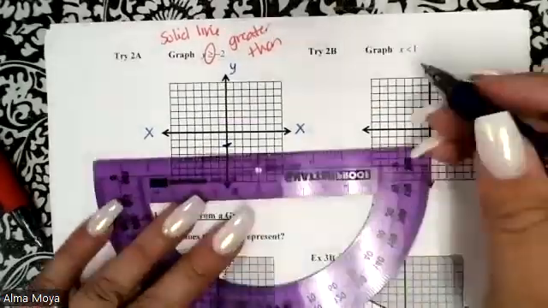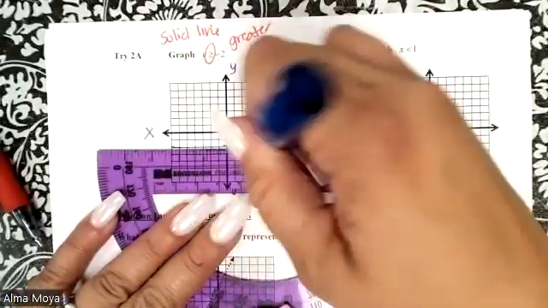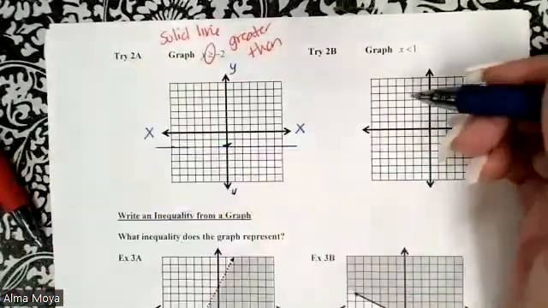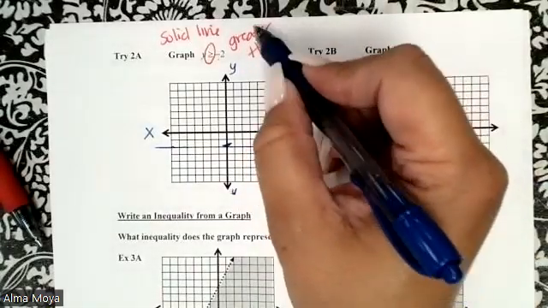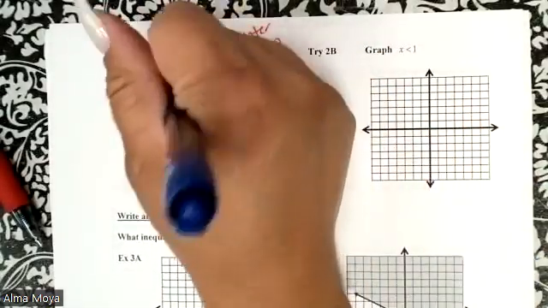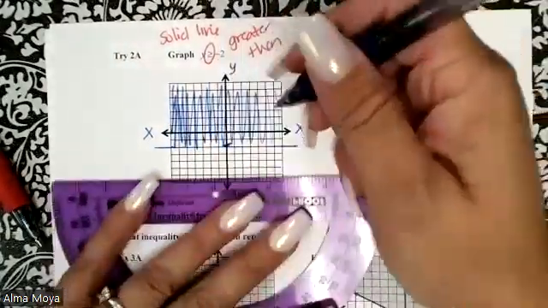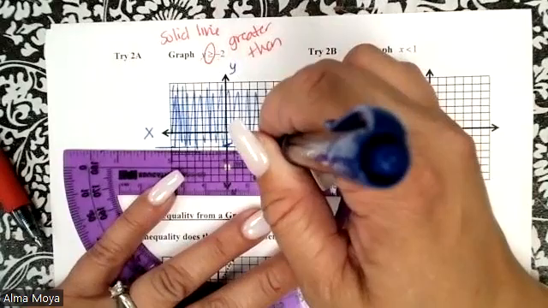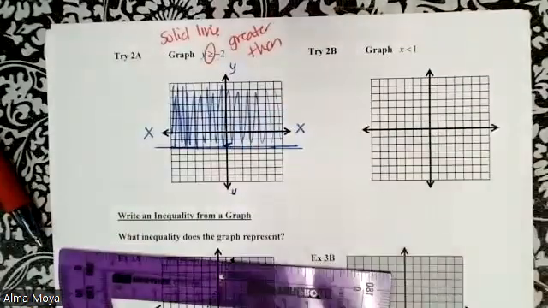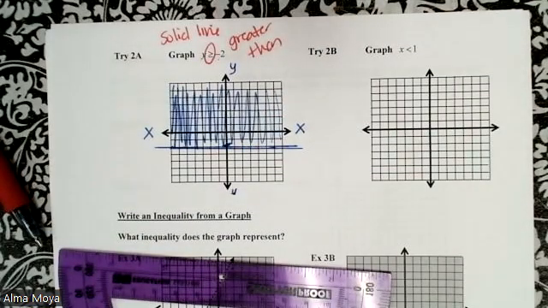And you're going to draw a solid line. And then because it's greater than, it means shade up.